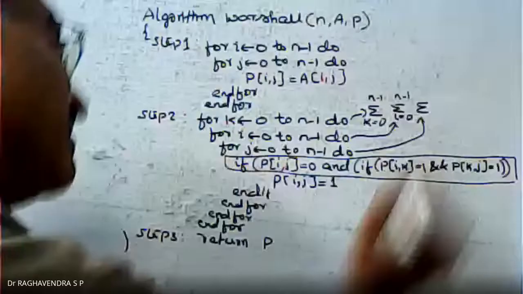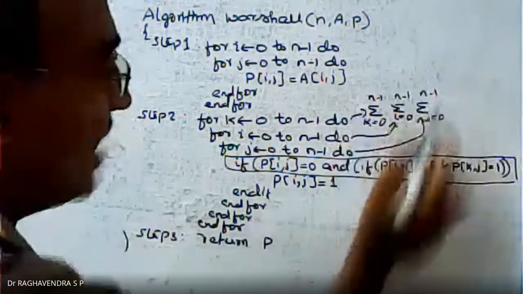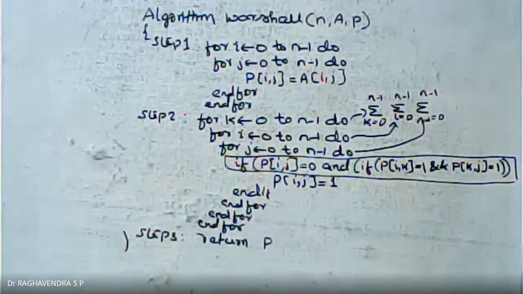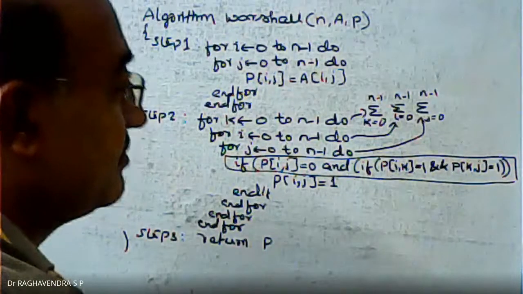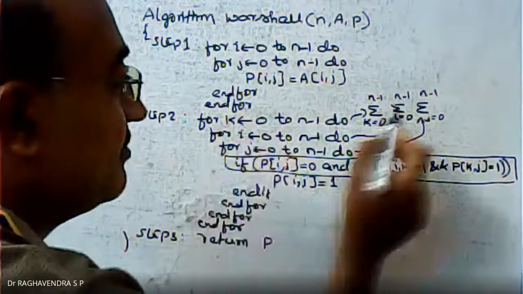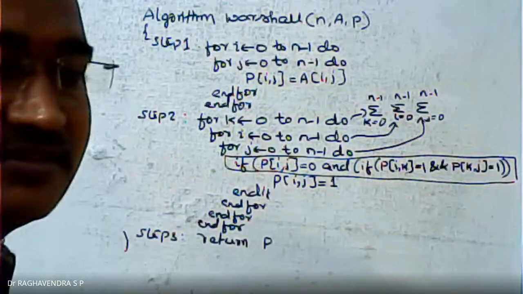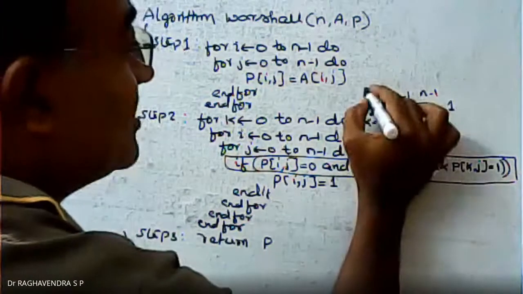Summation J is 0 to n minus 1. For all these, how many times is the basic operation executed? One time. So this is the analysis part.